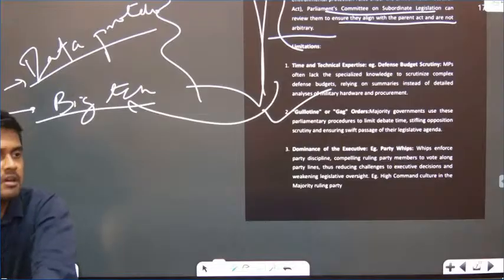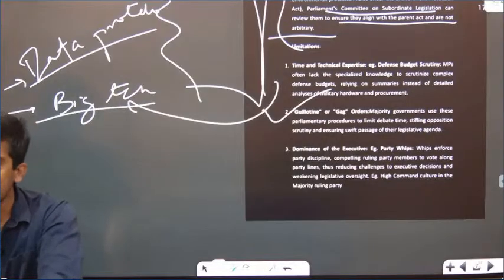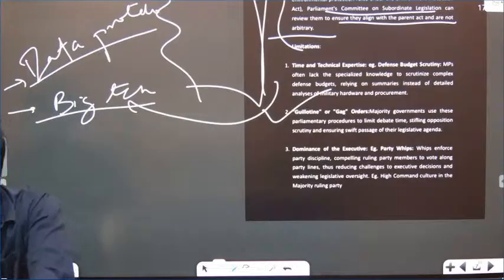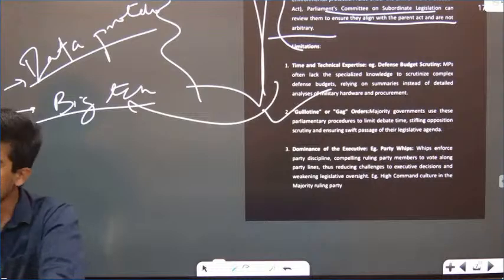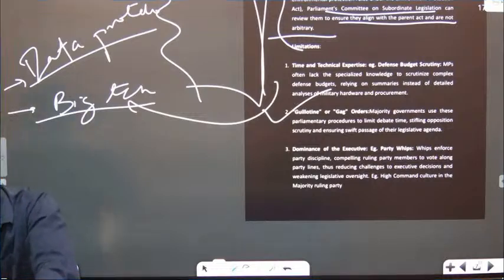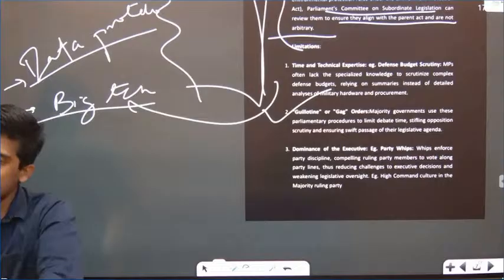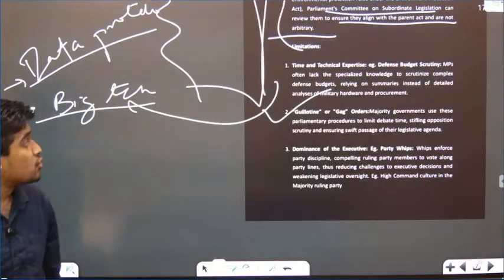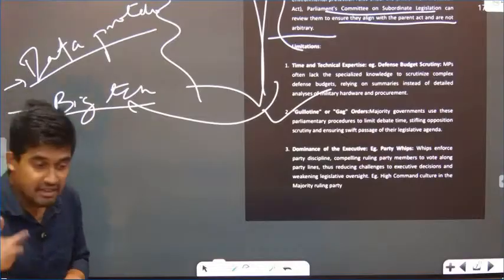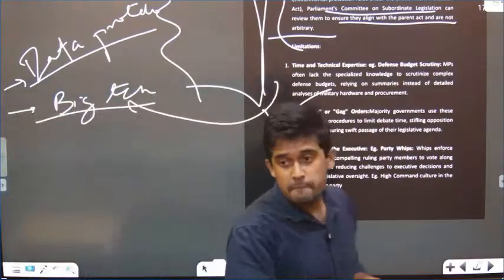Guillotine means everything is put to vote without discussion. For example, 10% of the budget is discussed, 90% is put on guillotine. That you vote yes or no, do you agree or not? No discussion happens. The ruling party passes it. This shows a limitation that everything is not discussed in the parliament.